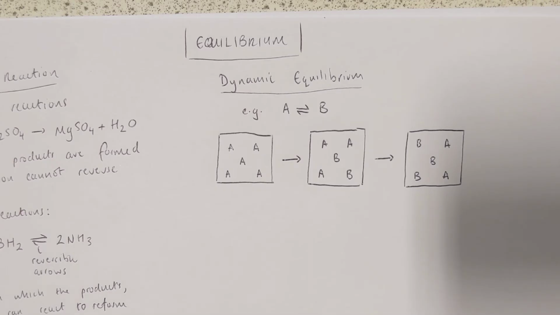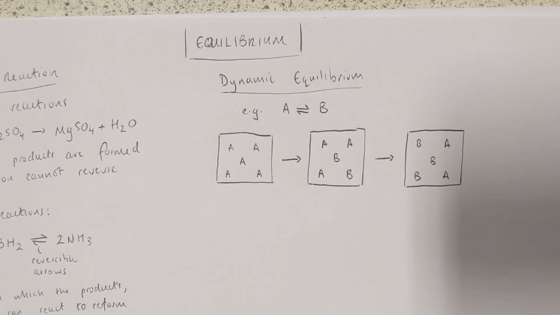It's still a mix of A and B, but different parts of the mixture are A and different parts of the mixture are B. Basically what happens here is that because A can turn into B and B can turn back into A, both of those reactions, forward and reverse, happen at the same time, and basically their effect cancels out. What we'll be left with here at the end is some sort of mixture of A and B, which is staying kind of consistent.